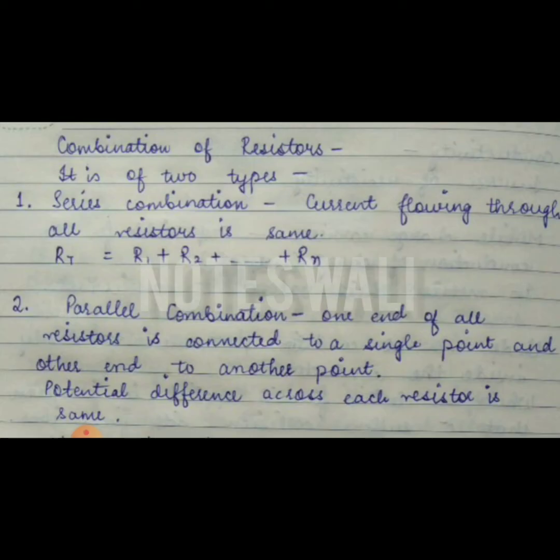Then we have combination of resistors, which is of 2 types, series combination and parallel combination. In the series combination, the current flowing through all resistors is the same, whereas in parallel combination the potential difference across each resistor is the same. Here we need to solve the numericals of these resistors and their combination, which we have done very joyfully in class 10th.